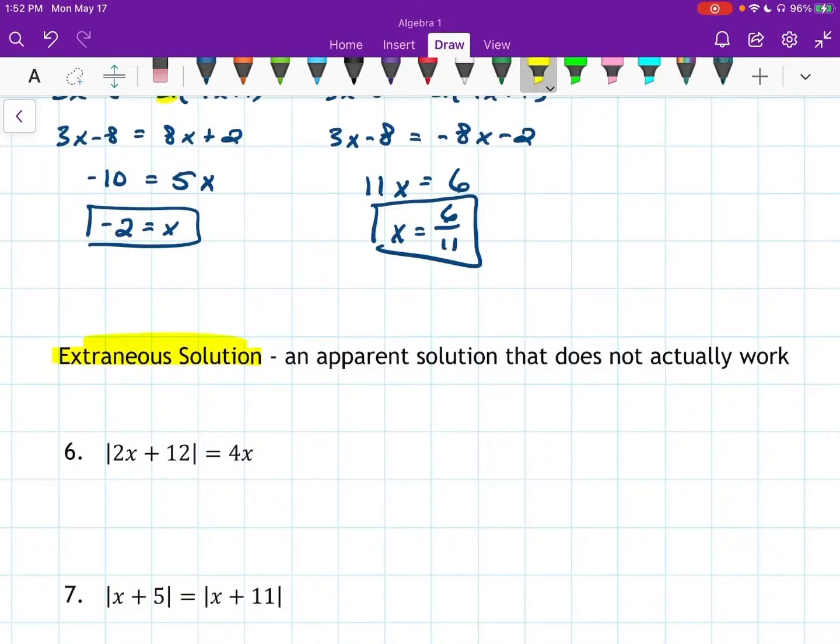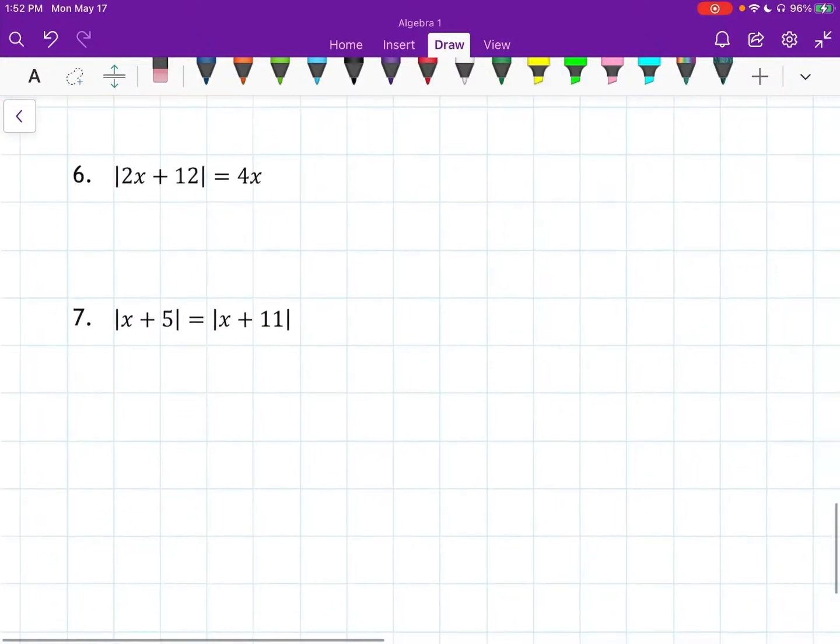So the way that we do that is we do our problem like normal, and then we plug it in and check, like how we have always checked our work for solving regular equations. That's what we have to do here. But sometimes whenever we check our work, we'll get it wrong, and we're not really wrong. It's just that that answer is bad. So let's look at number 6 and do that.